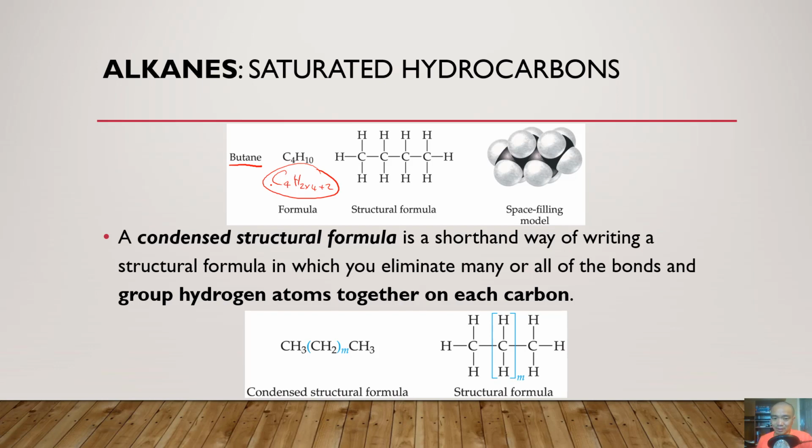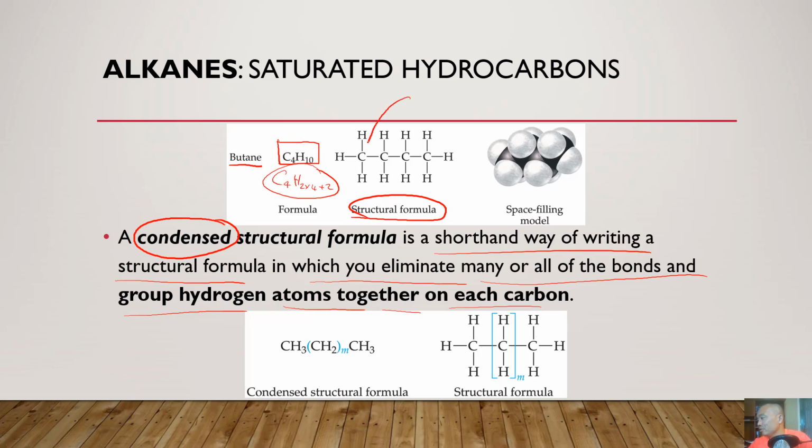All right. So when you look at the formulas over here, we have different formulas. This one is the so-called molecular formula, which combines all elements of the same type. The condensed structural formula is a shorthand way of writing a structural formula in which you eliminate many of the bonds and group hydrogen atoms together on each carbon. For example, for this carbon, you have 3 hydrogens. So we condense that together, it becomes CH3.